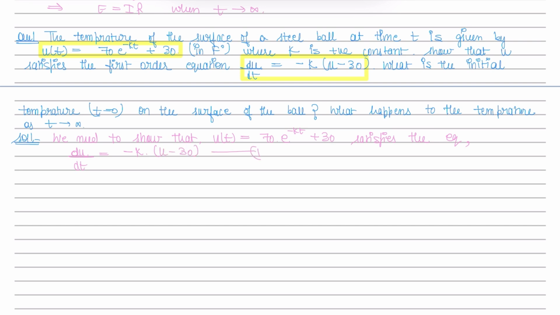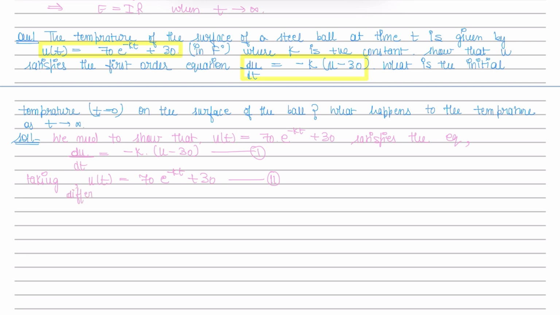Let us mark it as equation number 1. Taking u of t is equal to 70 into e to the power minus kt plus 30, let us mark this as equation number 2.